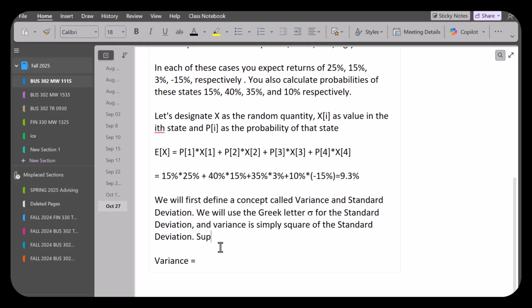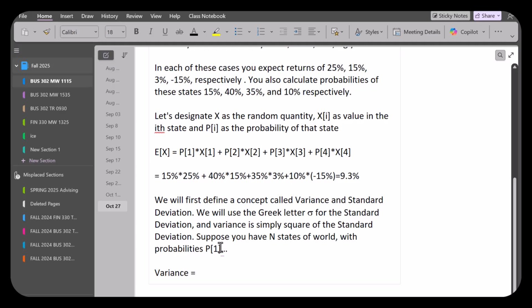So suppose you have n states of the world with probabilities P1 through Pn, and returns of x1 through xn.